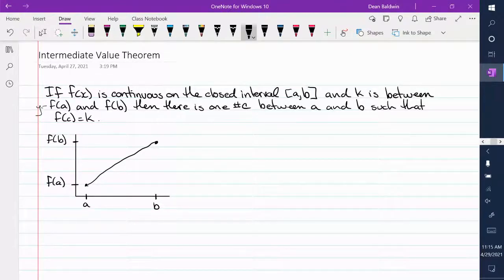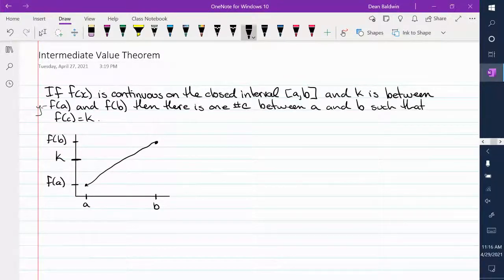And k is between f of a and f of b. So k is somewhere in here. That's all it says. K is between those two. All right, well, I'm just going to put k in there. There's my k value. Some other y value.